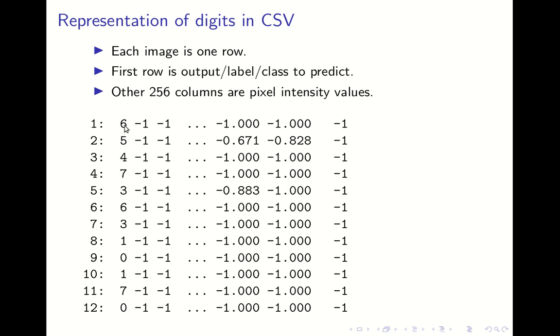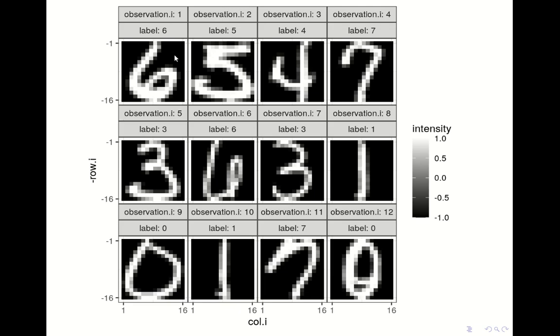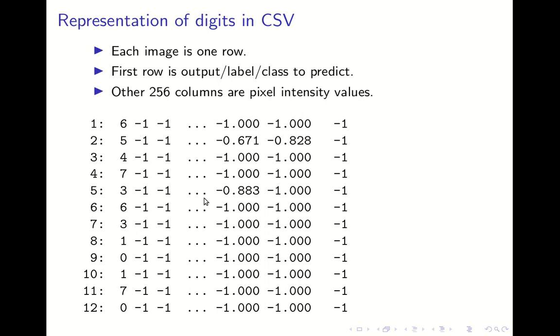So this is the image of a 6, this is the image of a 5, this is the image of a 4, etc., right? And so the other 256 columns here are pixel intensity values. So what it means is that these 256 values in these other columns can be combined to make that 6 image that we see here, right? So same thing for every one of these other observations.